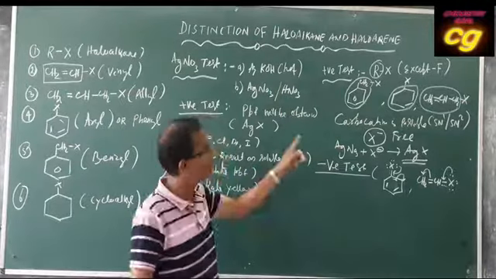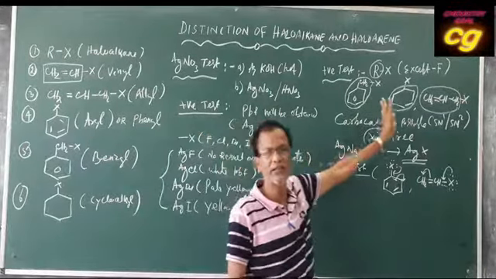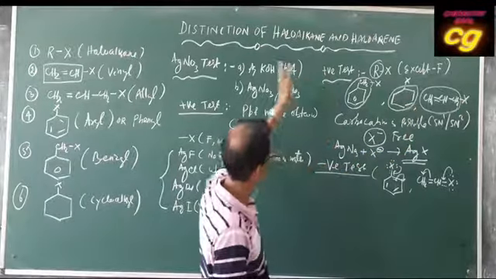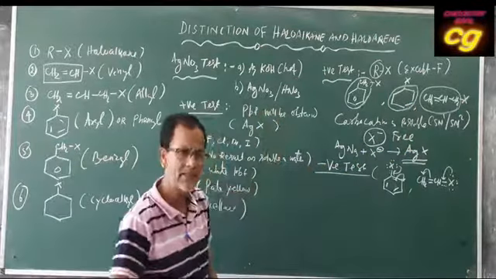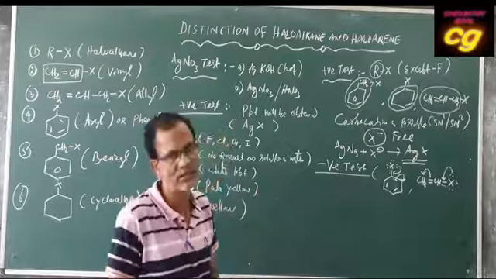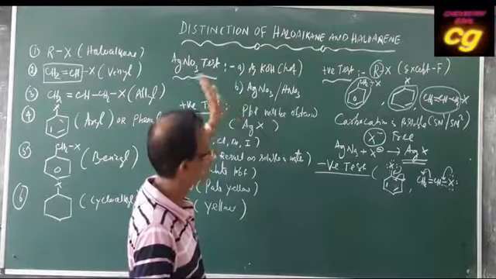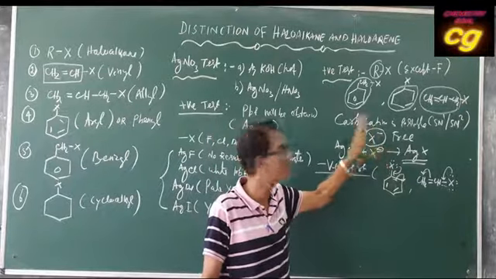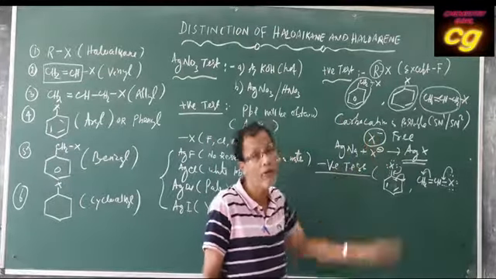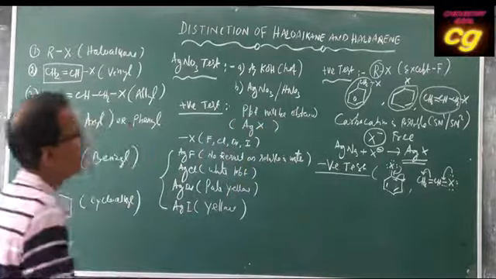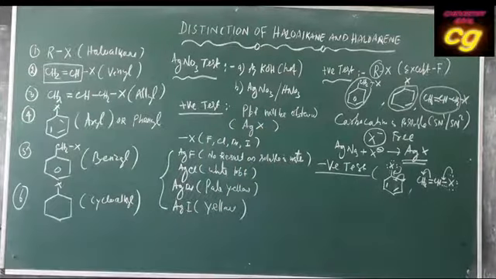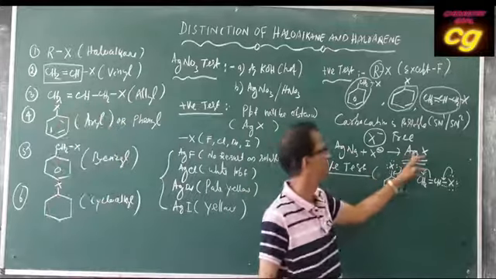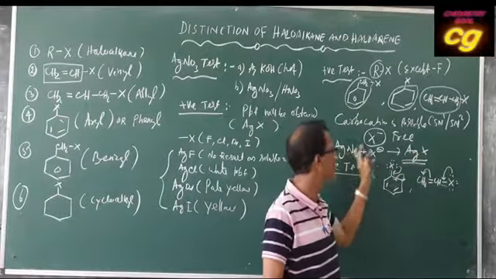Then if the particular halide gives an SN1 or SN2 reaction, the product will be X minus in the solution. So X minus ion will be available in the solution. When it is available, what happens? It reacts with silver nitrate and produces silver halides.